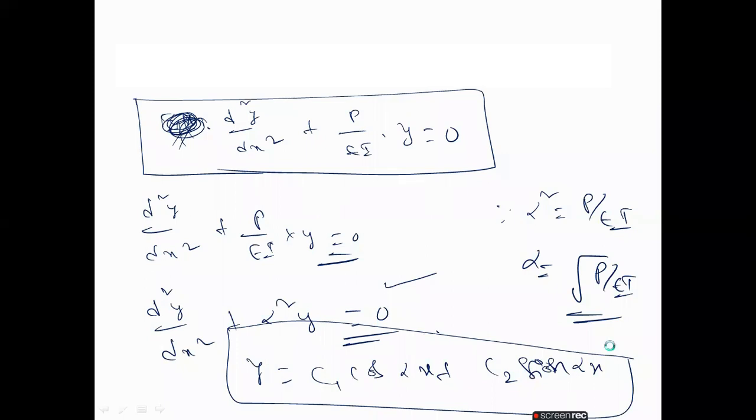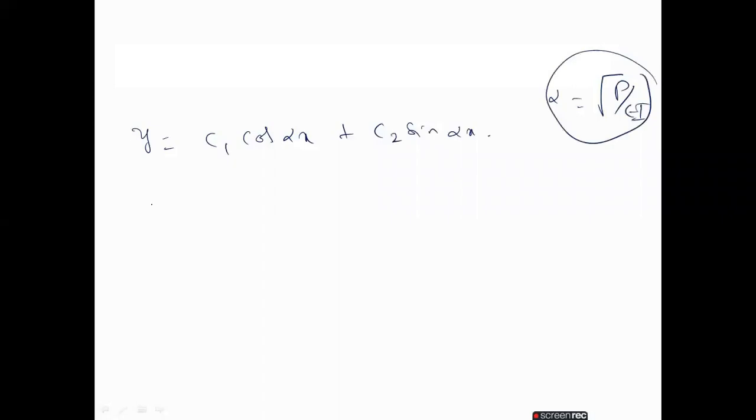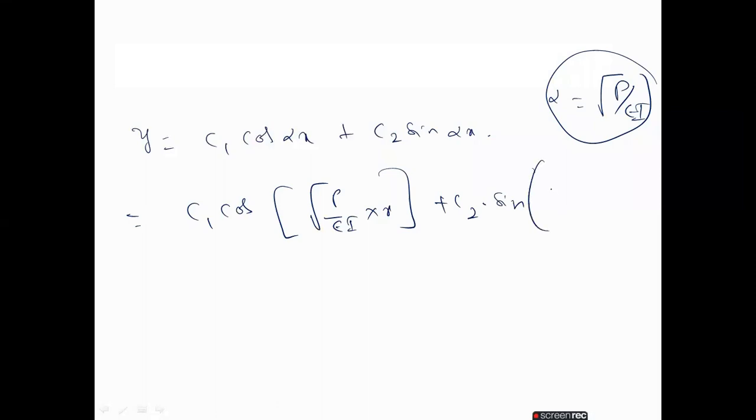Now we know alpha is nothing but the square root of P by EI, so substituting in this equation: y equal to c1 cos of square root of P by EI into x plus c2 into sin of square root of P by EI into x. This is the equation we got here.